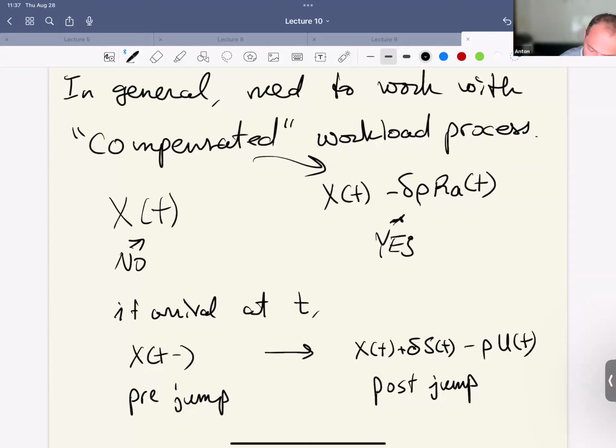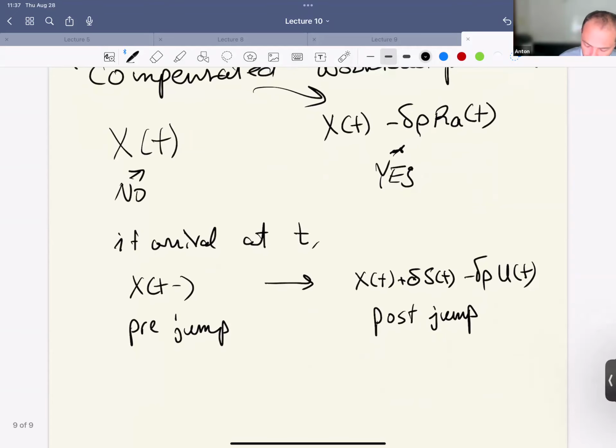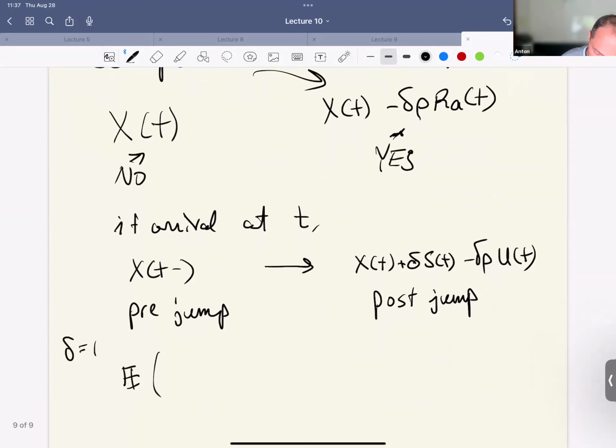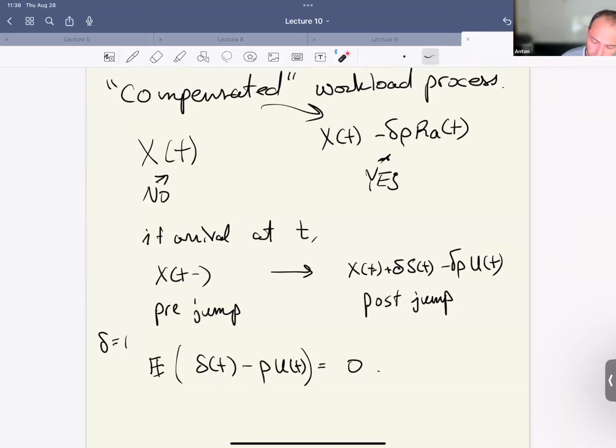And there needs to be a delta here to match the delta. Okay, so if I take the difference in expectation, let me assume that delta equals 1 just to get rid of this pesky term. X of t minus, we have s of t minus rho u of t, and this equals 0. So post-jump minus pre-jump is 0 in expectation.